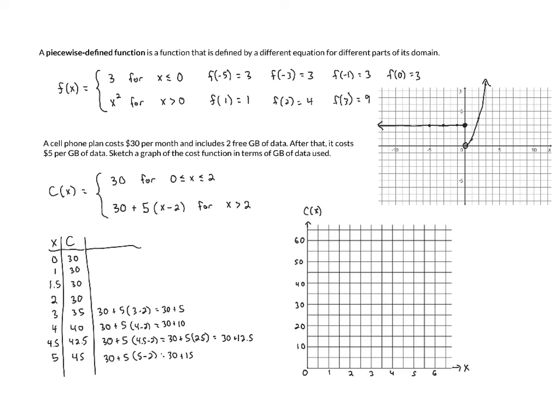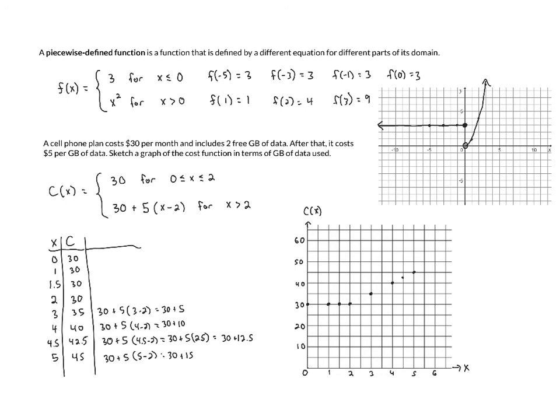Now let's plot our points. The first one is 0, 30. So that's right there. And we've got 1, 30, 1.5, 30, and 2, 30. And then after that, we've got 3, 35, 4, 40, 4.5, 42.5. 42.5 is halfway between 40 and 45.